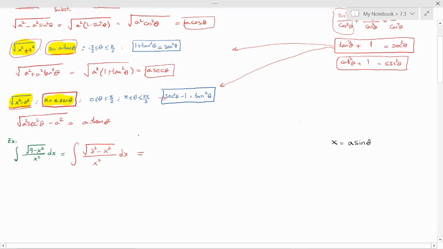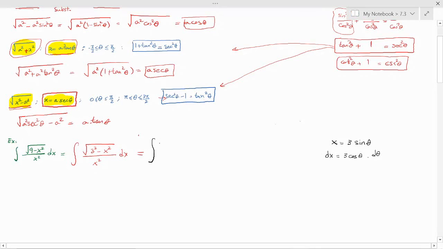A is given 3, so I can replace that with 3 sine theta. Therefore, now dx, multiply both sides by dx. Derivative of x is 1. Derivative of 3 sine theta would be 3 cosine theta, and multiply by d theta. So dx is given 3 cosine theta d theta.